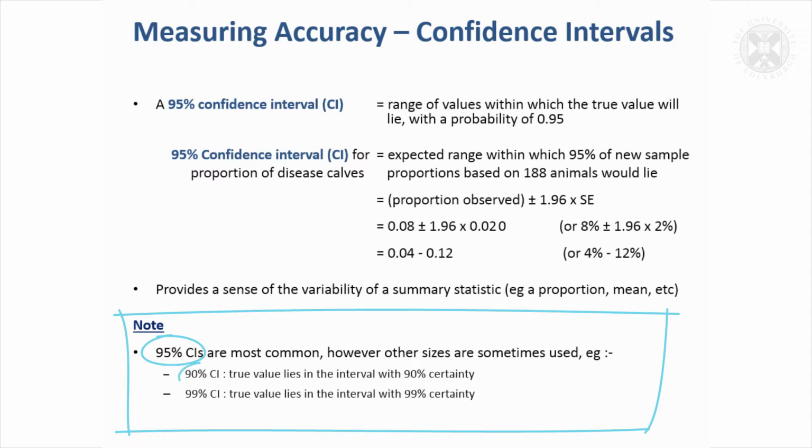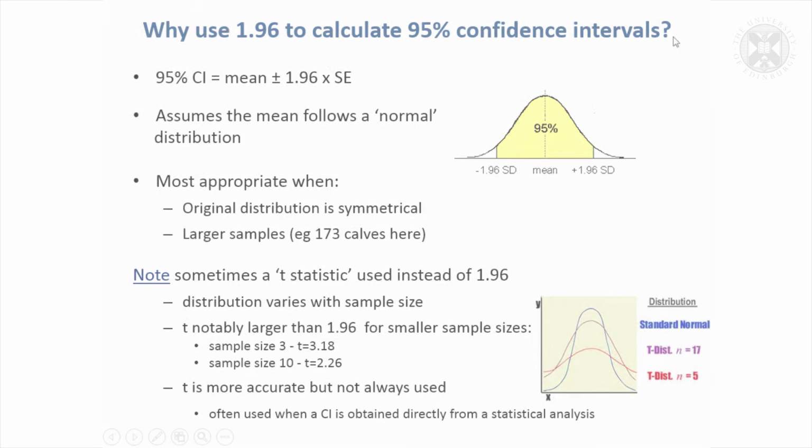So for example, you could say I want a 90% confidence interval. That would be a bit narrower, and that would be the range within which you'd expect a statistic to lie 90% of the time. Or you might want to be 99% sure that your value is going to be in a particular range. So you can get a 99% confidence interval. And they would be achieved by substituting the appropriate number for the 1.96, because if you remember that related to the normal distribution, these tails either side.